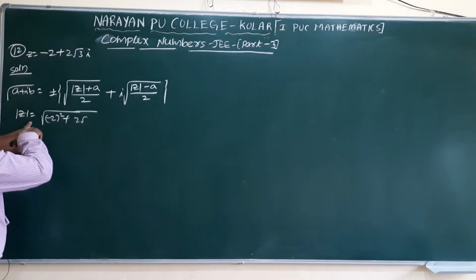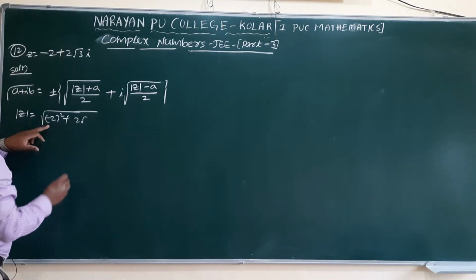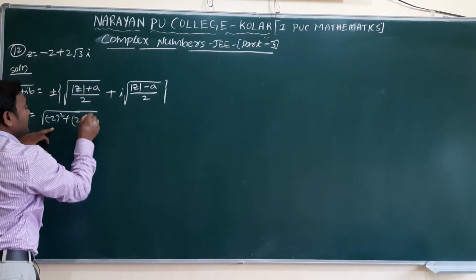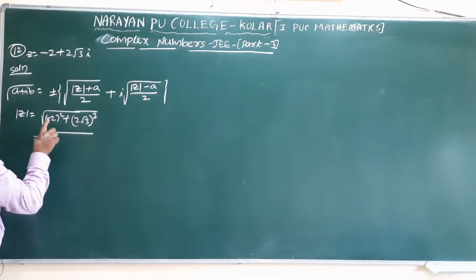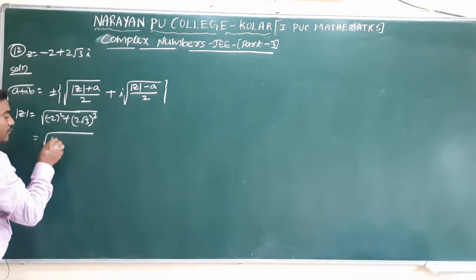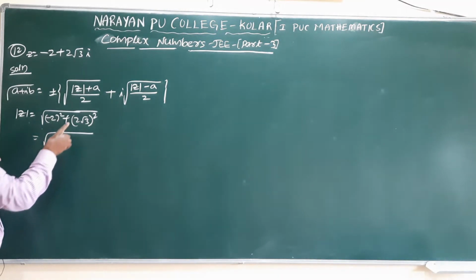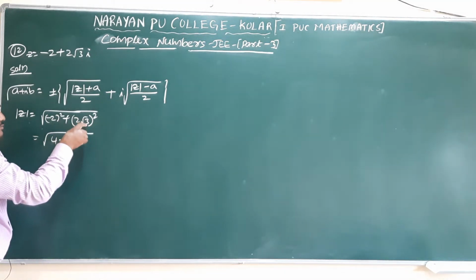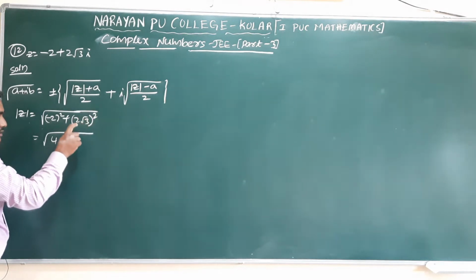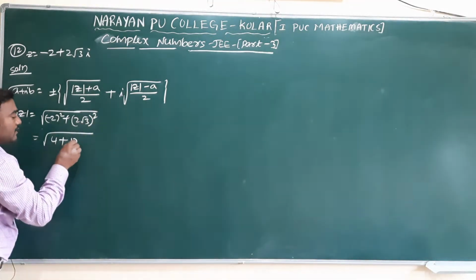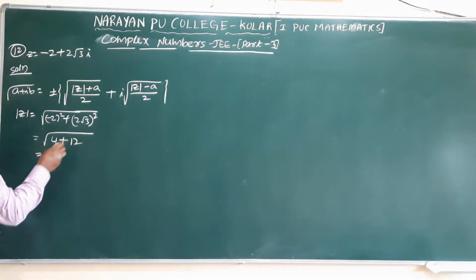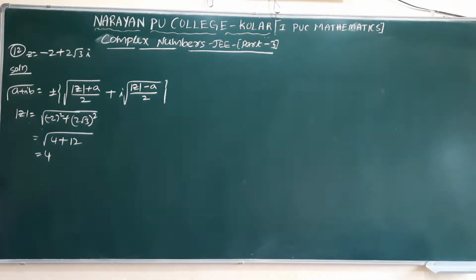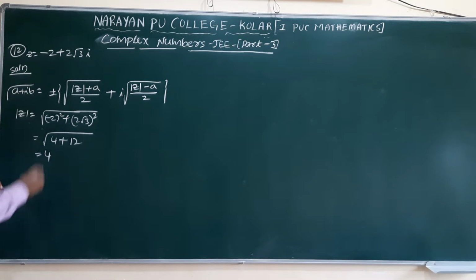Here mod z is the square root of minus 2 whole square plus 2 root 3 whole square, which is square root of 4 plus 12, that is 16, square root of 16 is 4.